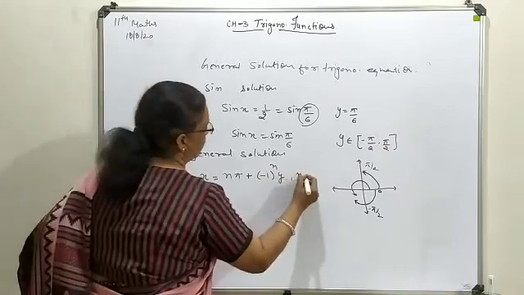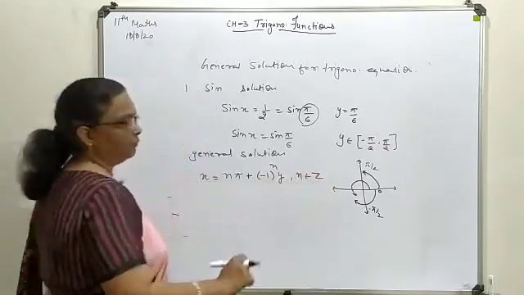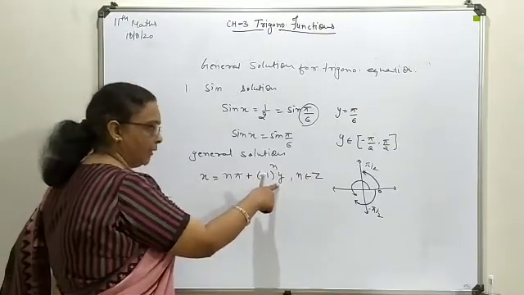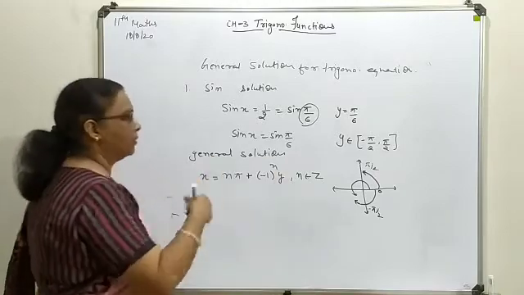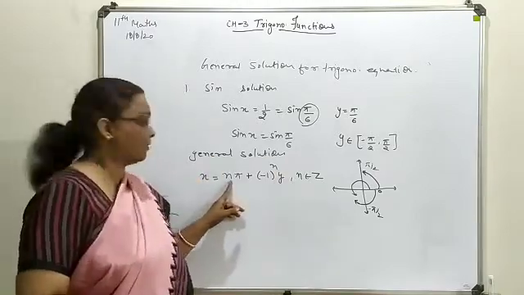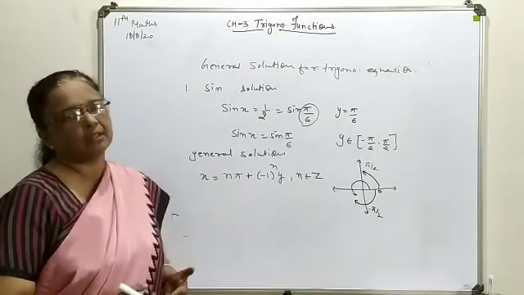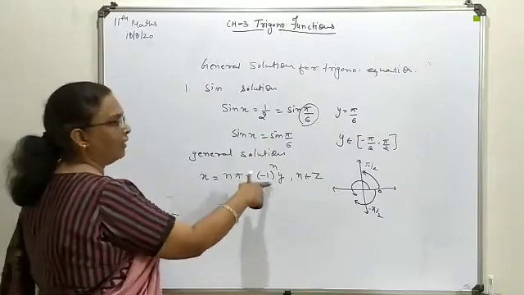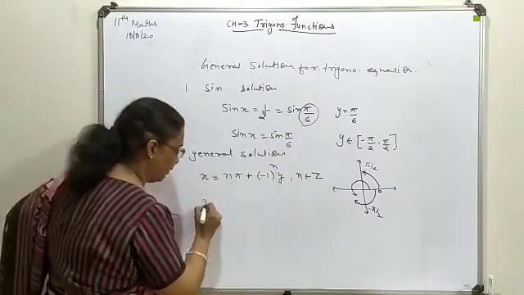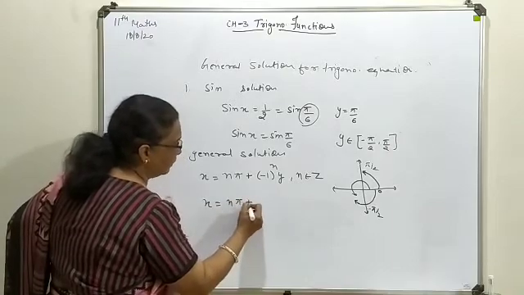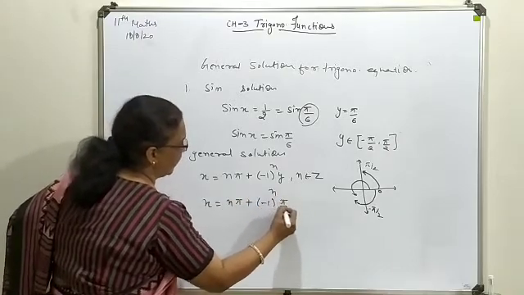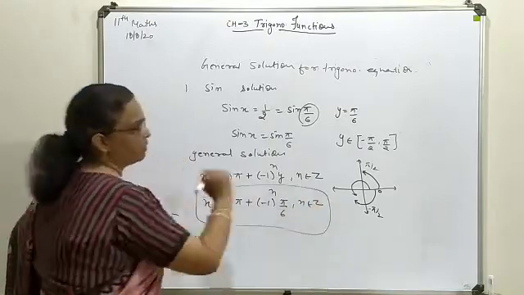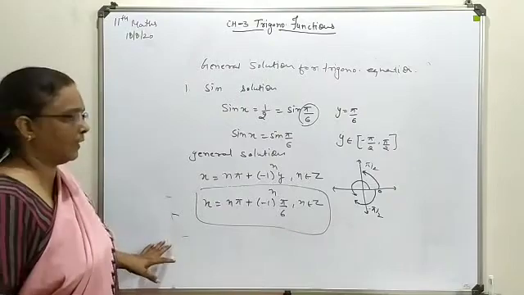Here this n you can select from the set of integers. So on substitution of the value of y over here, this will give you the general solution. It means any value you can select as n will give you the various solutions for this combination. So here in our case, y was pi by 6. So substitute over there: x is equal to n pi plus minus 1 power n pi by 6. So this will be considered the general solution for your given sine form.